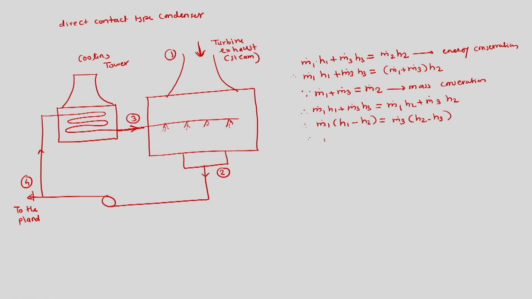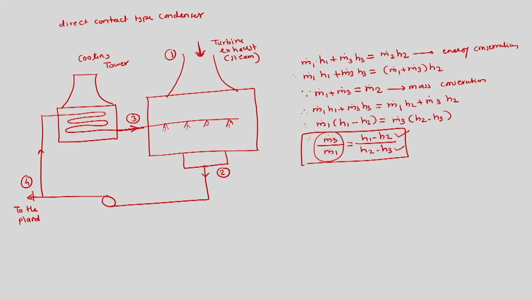So we will have m dot 3 upon m dot 1 is equal to (H1 minus H2) divided by (H2 minus H3). We would know the enthalpy difference at the inlet and at the outlet of the condenser, and then we can know the enthalpy difference for the cooling water needed to condense the exhaust steam. Then we can find out the ratio of mass flow rates, and that will give us the amount of cooling water to be circulated. So this is how we can work.